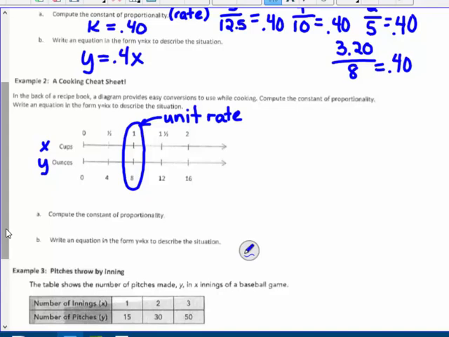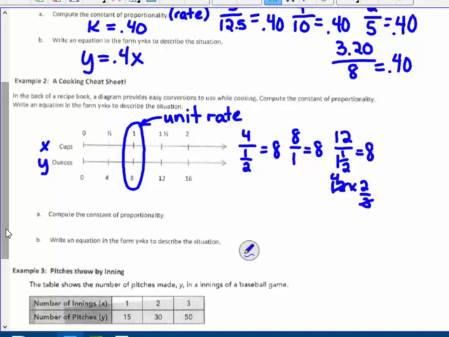So I know that 4 divided by 1/2, keep it, change it, flip it, 4 times the multiplicative inverse 2, that equals 8. 8 divided by 1 equals 8. 12 divided by 1.5 is 12 times 2/3, 3 goes in there 4 times, that's 8.